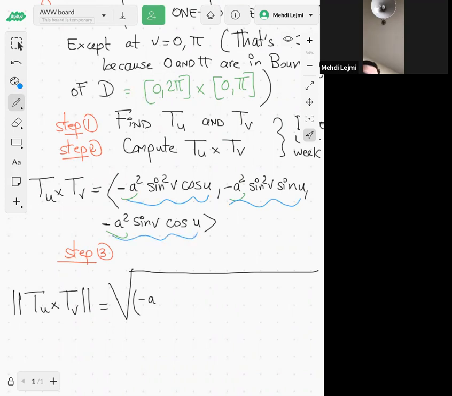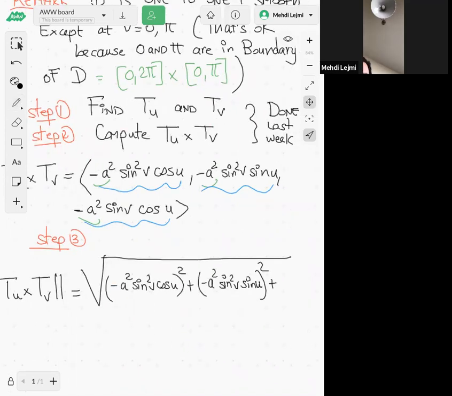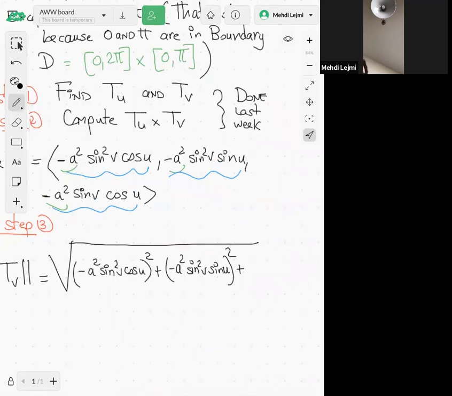So it's the square of minus a square sine square of V cosine of U, plus the square of the second component, plus the square of minus a square sine V cosine U.